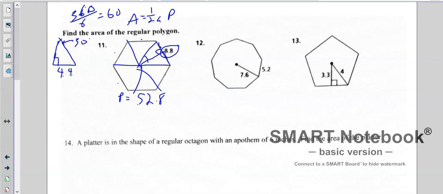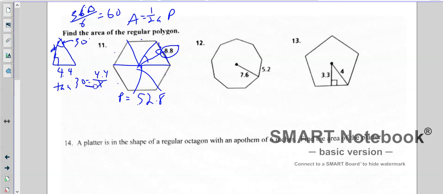Now, we have 2 ways of finding the apothem here. We'll just call it X. From 30, the apothem is the adjacent side, and 4.4 is the opposite side. So we can do tangent of 30 equals opposite over adjacent.